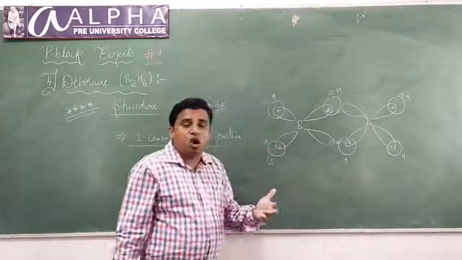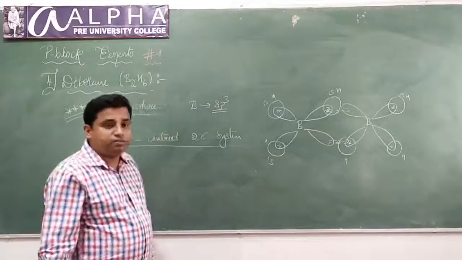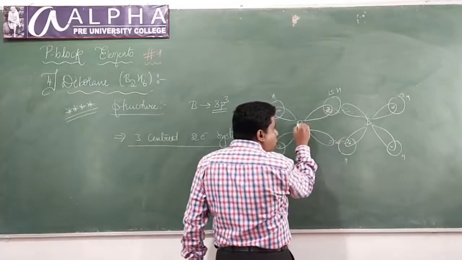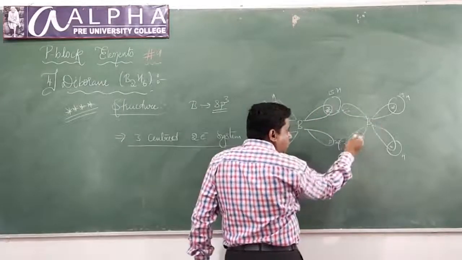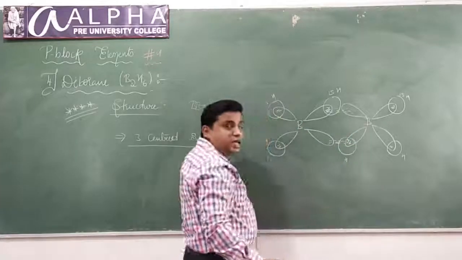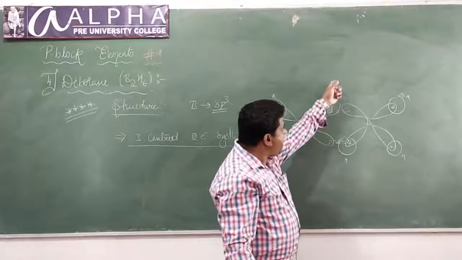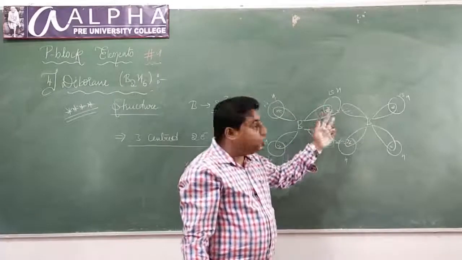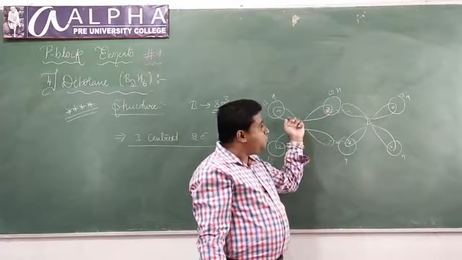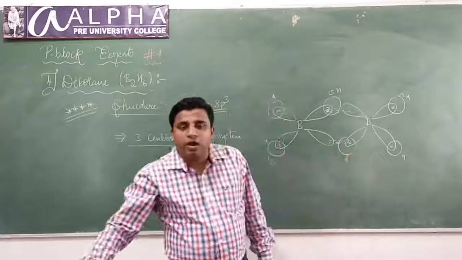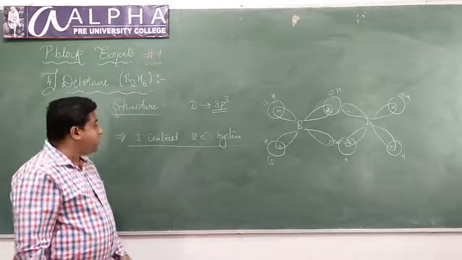Why is this called a 3 centered 2 electron system? I told you these 2 electrons belong to boron, hydrogen as well as boron. So it is 3 centered: boron, hydrogen, boron, with 2 electrons. 2 electrons belong to 3 atoms. That is why it is called a 3 centered 2 electron system.